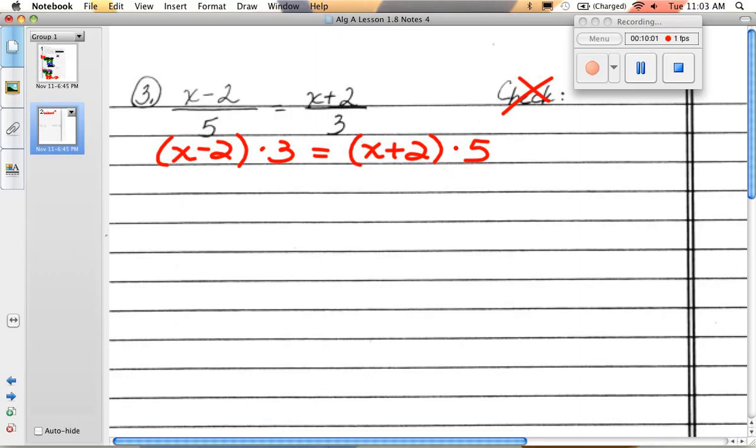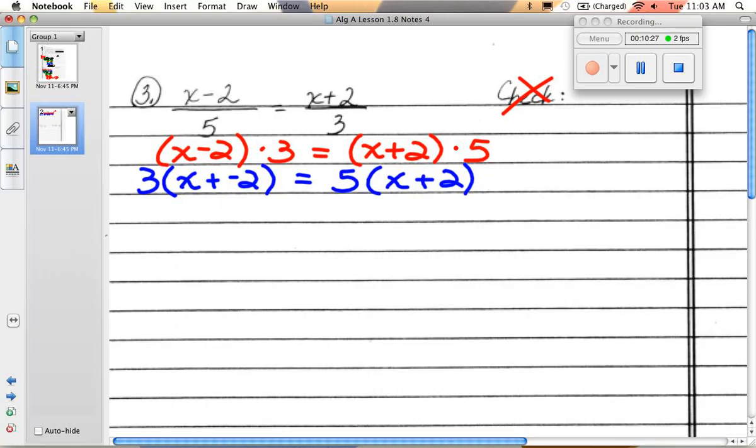So I'm going to rearrange this. I want that 3 to be up front, and I'm going to make it into an add the opposite problem. So the 3 came up front, changed it to x plus a negative 2. On the other side, the 5 is going to come out front. It already is an addition problem, so I'm not going to mess with that.